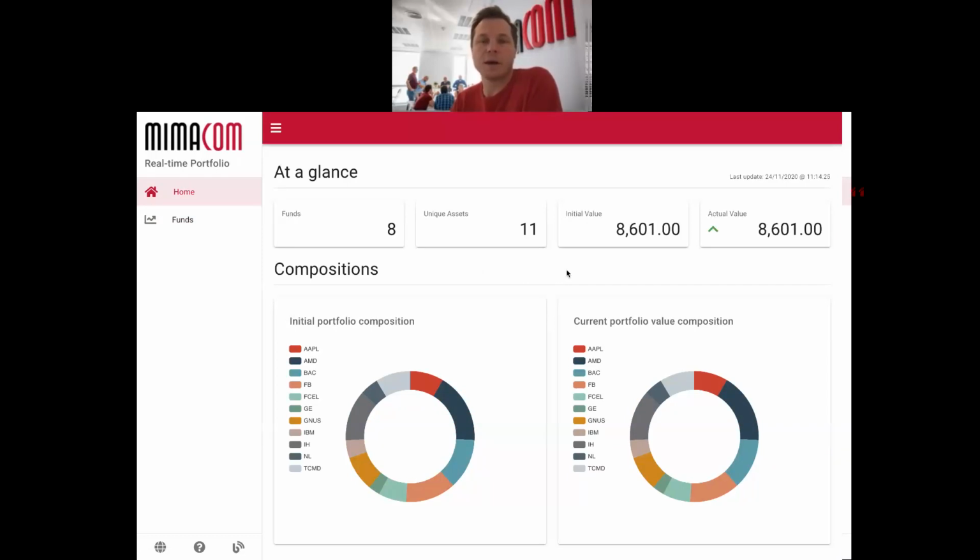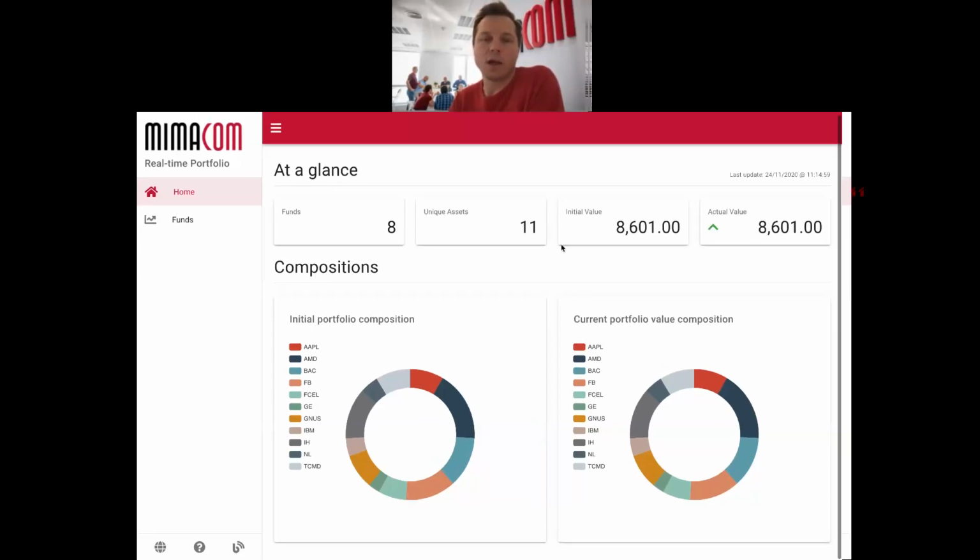Here on the home side, you see some metrics related to what you already invested. This one user, what he's already invested. He has 8 funds, he has multiple assets distributed among these 8 funds. He already invested 8,601, let's say, Swiss francs, and the actual value of what's invested is right now 1 franc less, or now it's the same, or he lost 2 francs.